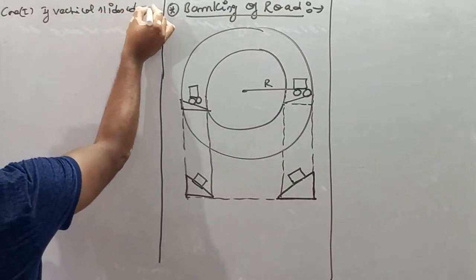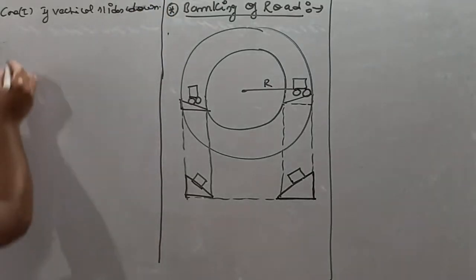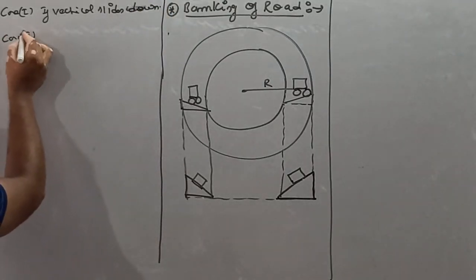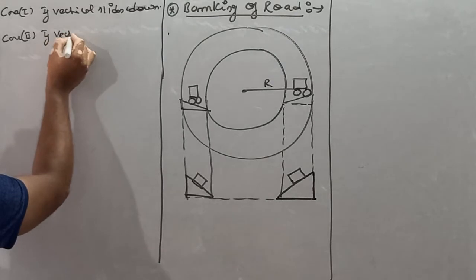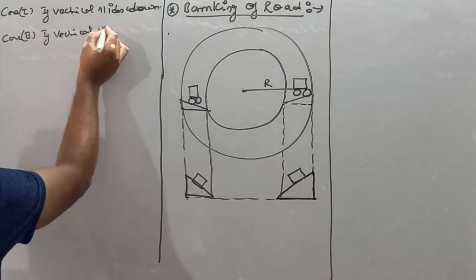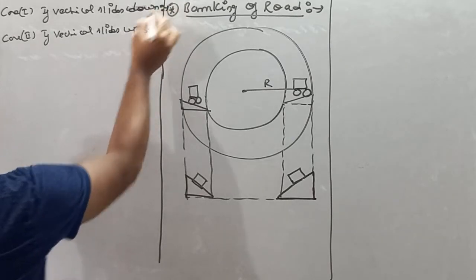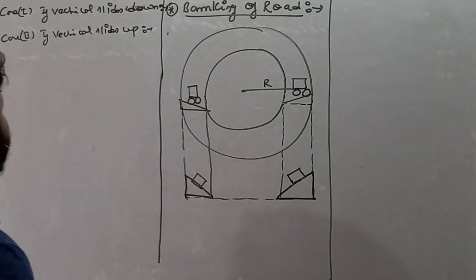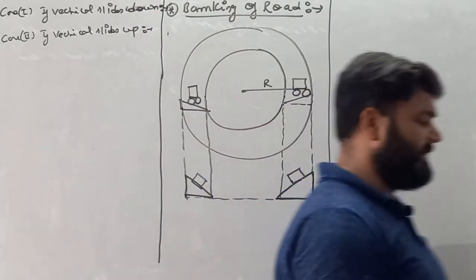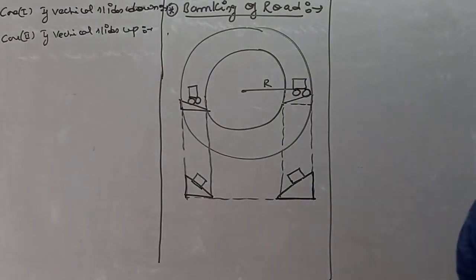And in case second we'll discuss if the vehicle slides up. So we'll discuss two different situations. Situation one is if the vehicle slides down, and in situation second, if the vehicle slides up.